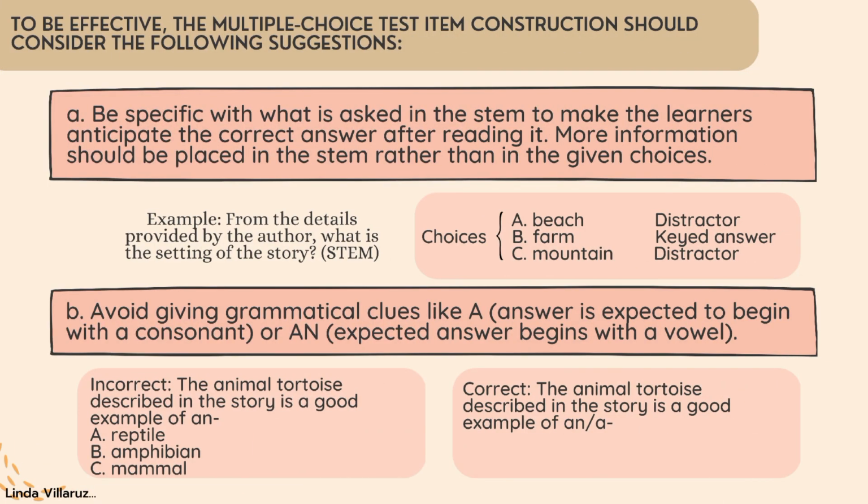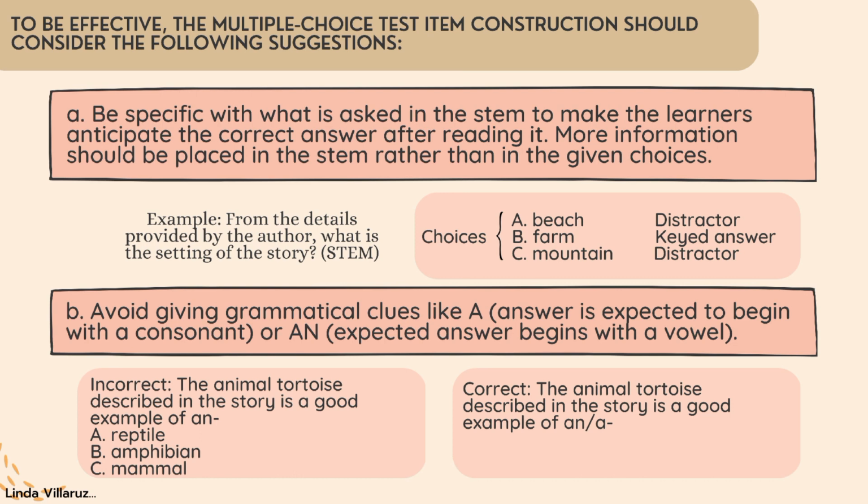To be effective, the following suggestions should be considered in multiple choice test item construction. Letter A, be specific with what is asked in the stem to make the learners anticipate the correct answer after reading it. More information should be placed in the stem rather than in the given choices.